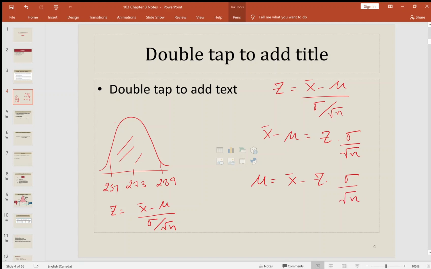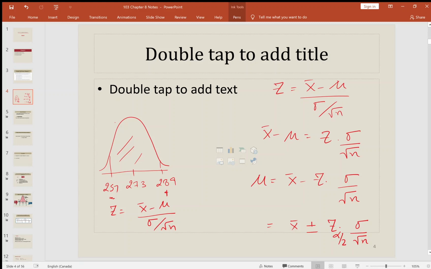Okay, and then remember x bar could be on the positive side and x bar could be on the negative side, right? So it could be here or it could be here. So we will say x bar plus minus z times sigma divided by square root of n, and we will have a small subscript here, alpha by 2, which I will explain.